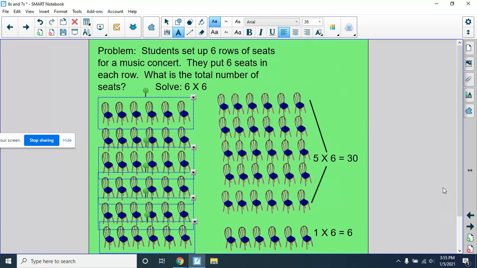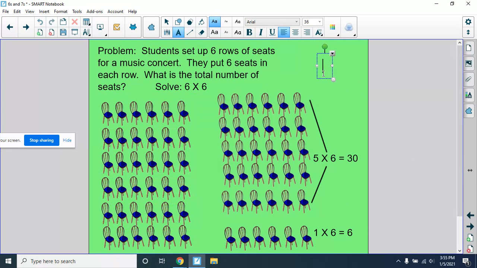But I said there's another way to do it. Not only can you break apart the 6s into 2s, but we can break them apart into 5 and 1, because 5 plus 1 equals 6. So we're going to use our 5s and our 1s. When I do it this way, I'm going to take the same array, 6 times 6, and break it apart into 5 times 6 and 1 times 6. 5 times 6 is 30, and 1 times 6 is 6.